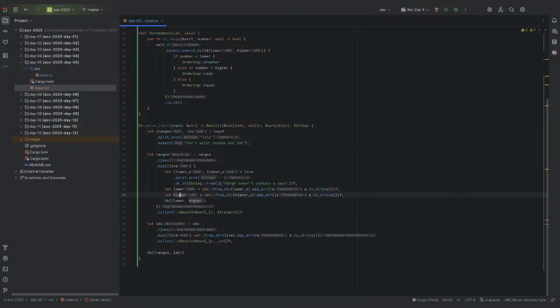Actually, not quite, because I need to be careful here, because ranges might have duplicates.